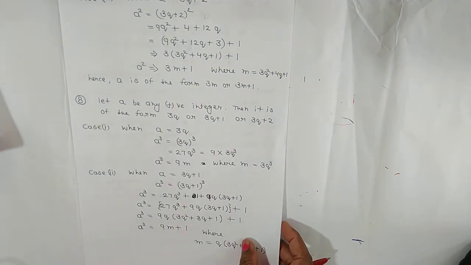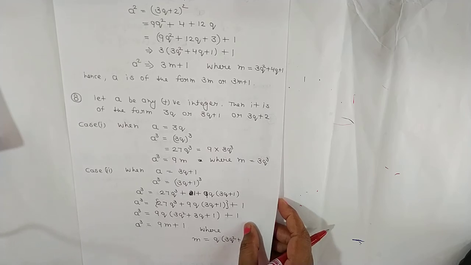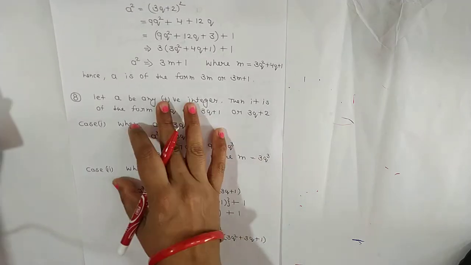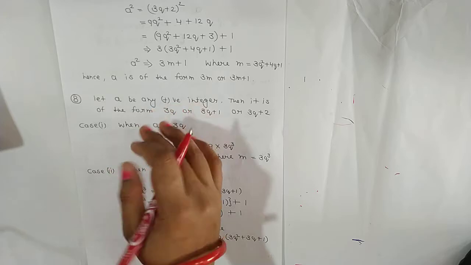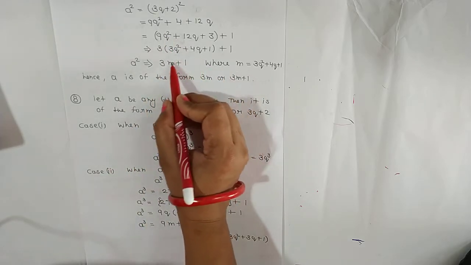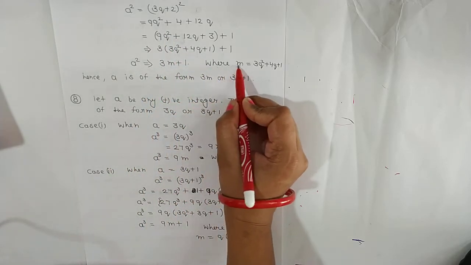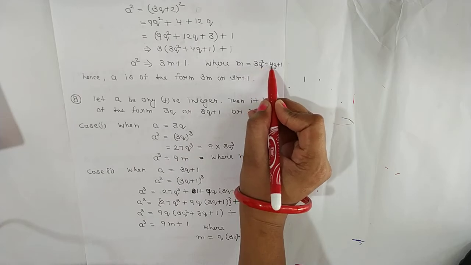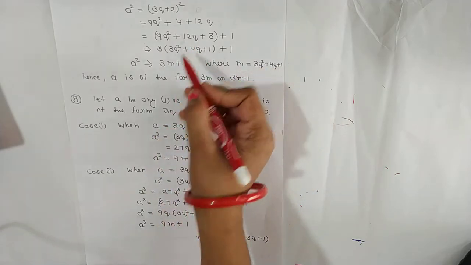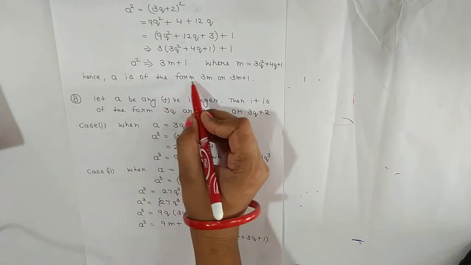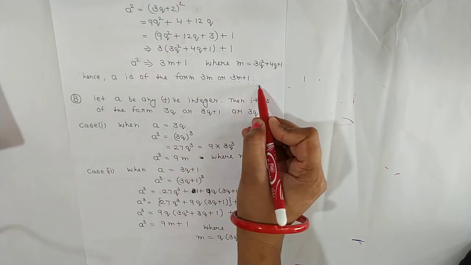Now the third condition is when a is equal to 3q plus 2. When we solve it, the final answer will be 3m plus 1, where m is equal to 3q square plus 4q plus 1. So we can say that a square is of the form 3m or 3m plus 1.